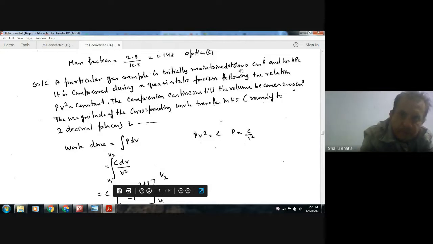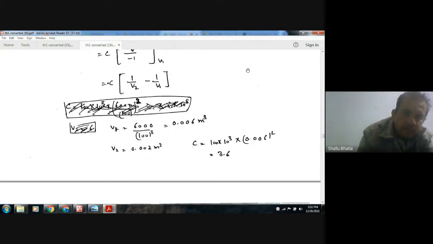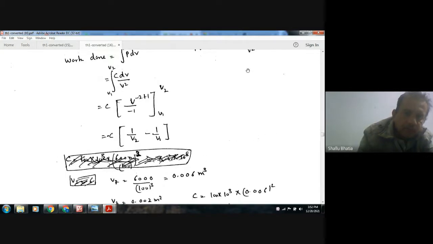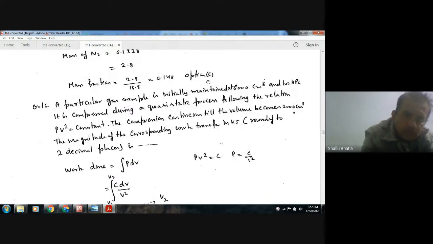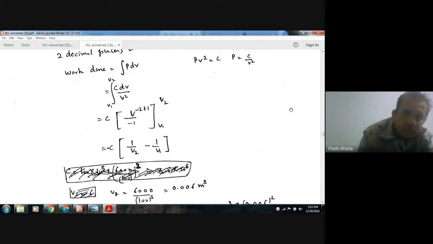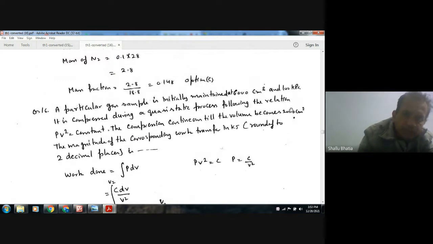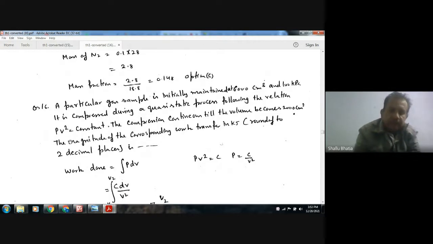V1 is 6,000 and V2 is 2000, as given. Putting these values, and since the initial pressure and initial volume are given, we can get C also by using PV squared.